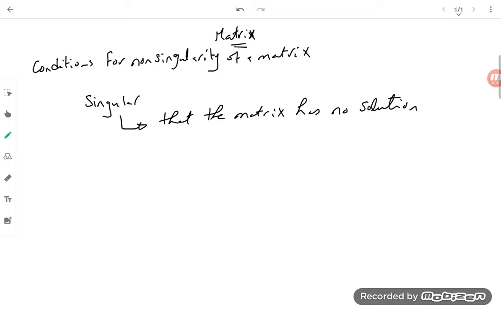Number one, squareness. This is a square matrix.